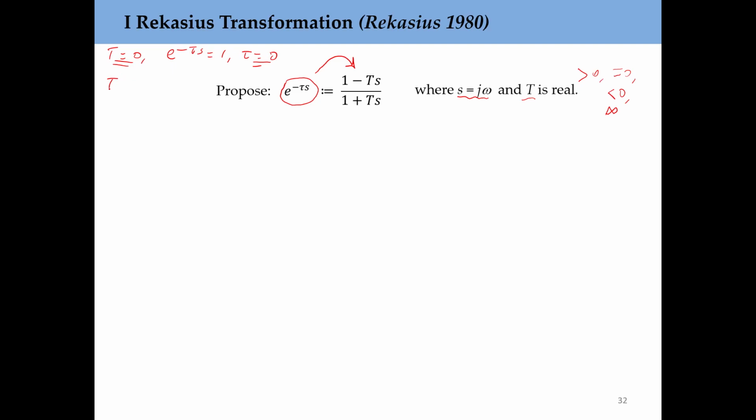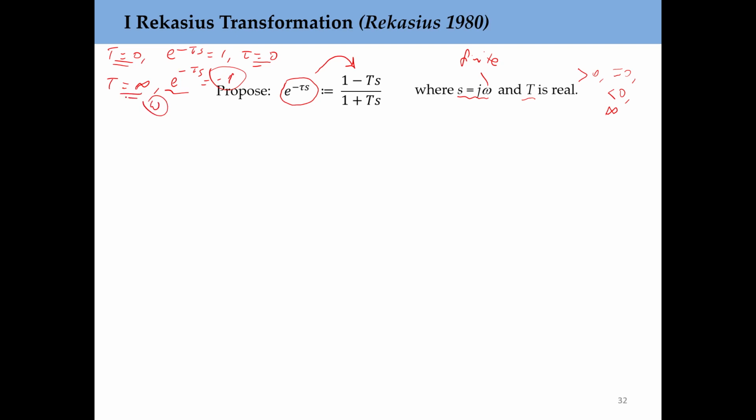And when T goes to infinity, the right-hand side is minus 1, assuming omega is finite. In that case, exponential of minus tau s becomes minus 1. So you can substitute minus 1 in place of the exponential functions and check if s equals j omega is a solution.